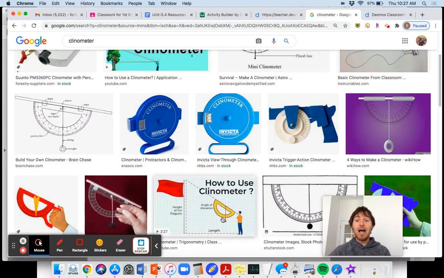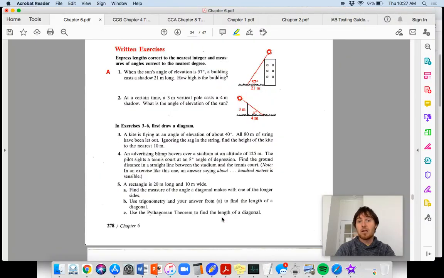Well, if your job is to figure out how tall a building is, you simply need to bring your clinometer, stand in a certain spot, look up, and then look at your clinometer and figure out how many degrees off of 90 you are. Then you can measure from the spot you're standing to the base of that building, to that length right here. So that's why this vocabulary is important: angles of elevation and depression are measurable, and they can help us solve problems, which you'll see in the problem set.